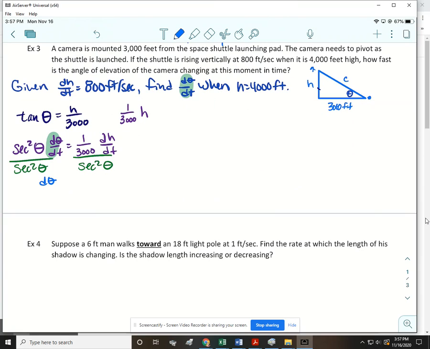So d theta dt is equal to, I'm just going to make this a little easier to look at, dh dt over 3,000 secant squared of theta.